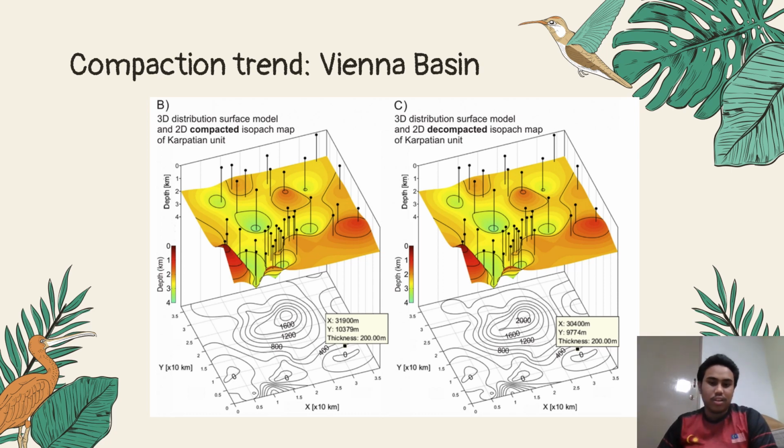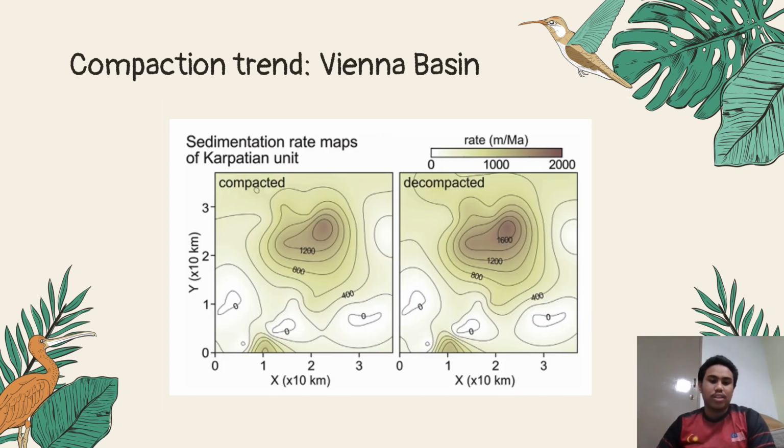Next, as you can see, the sedimentation rate maps of the compacted unit. In the compacted layer, the highest is at 1,600 meters.